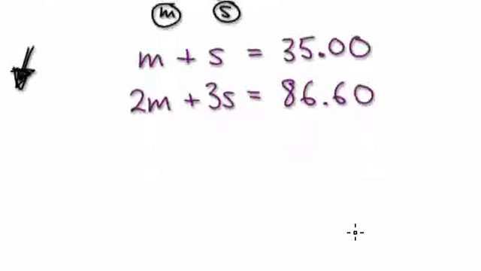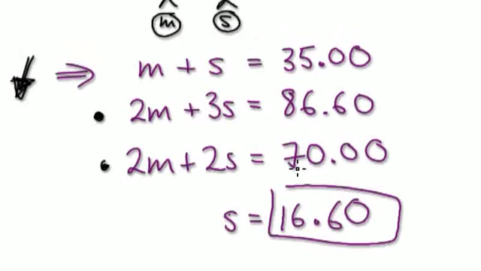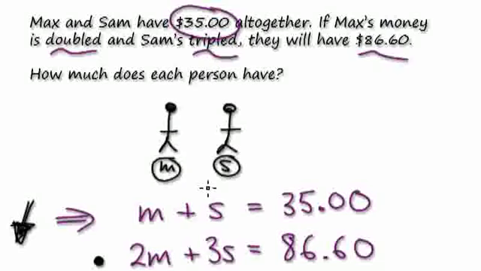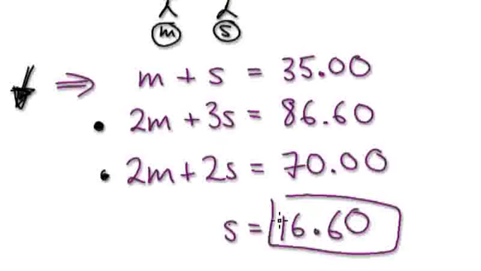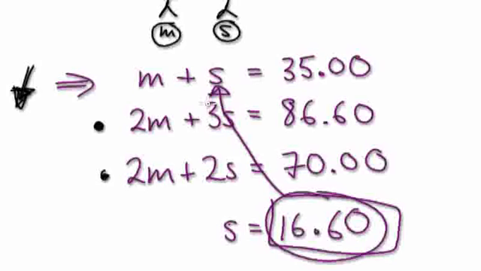So Sam will have $16.60. Now that we know S, we can put it into the S here in order to find out M.